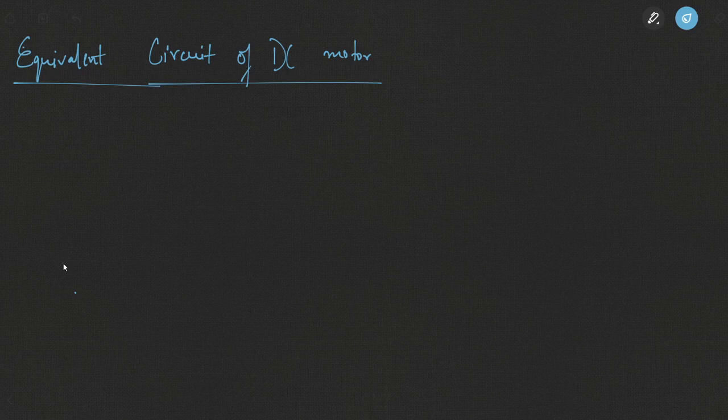What these represent is simply the total behavior of the machine, of the electromagnetic principles involved in it. There may be drops that can be represented in terms of resistance.